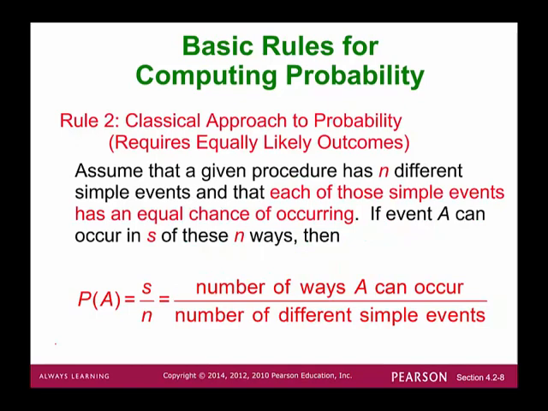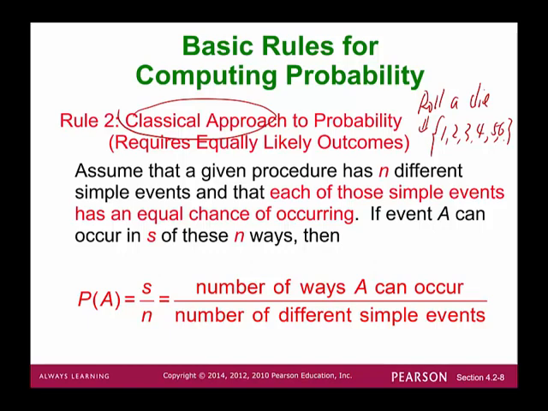Second one is a classical approach to find the probability, and it requires equally likely outcomes. So for example, if you roll a die once, then you get 1, 2, 3, 4, 5, 6, all these possible outcomes, and they have an equally likely chance to occur.